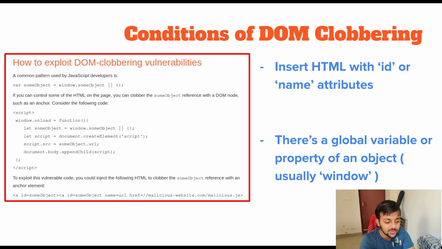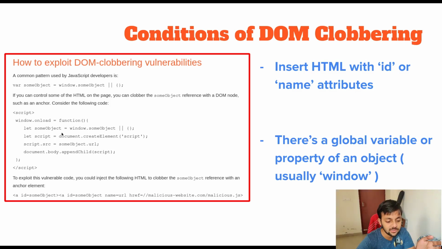And the way it's being used in the script is mentioned below. There's window.onload, which is an event handler. That means whenever the window gets loaded, this function should get executed.